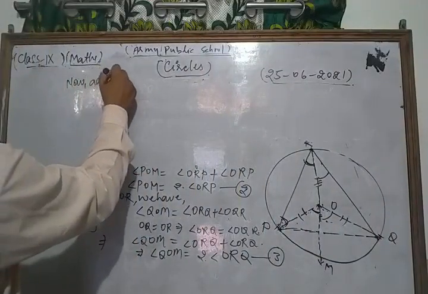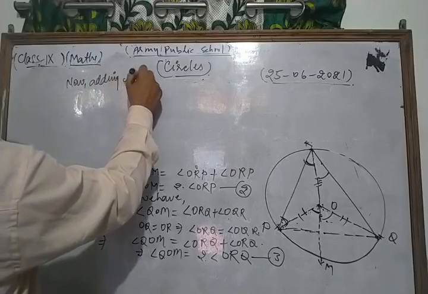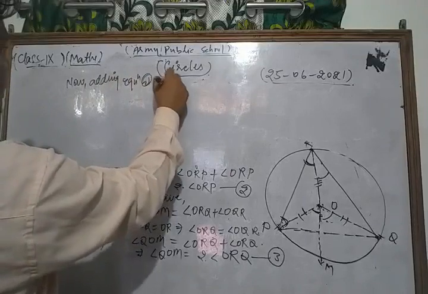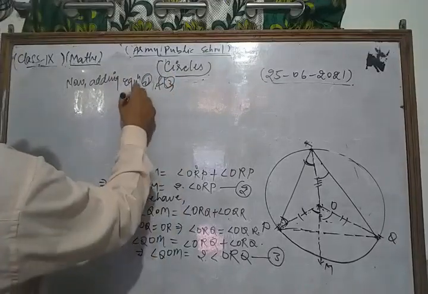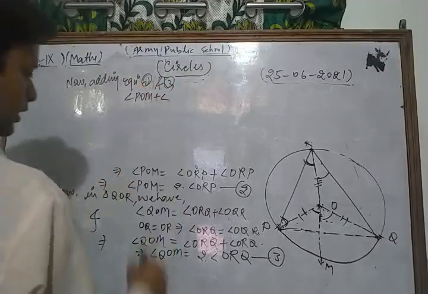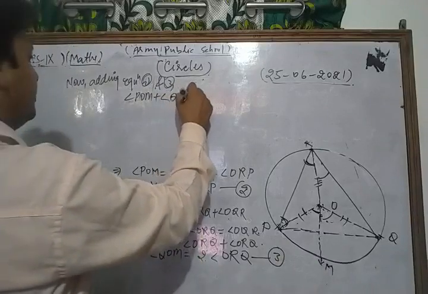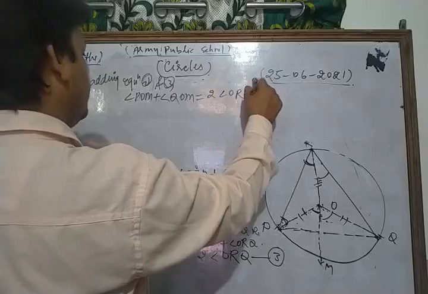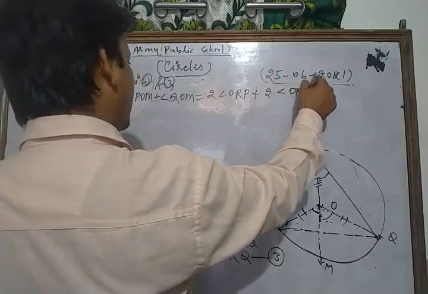Angle POM plus angle QOM is equal to 2 times angle ORP plus 2 times angle ORQ.